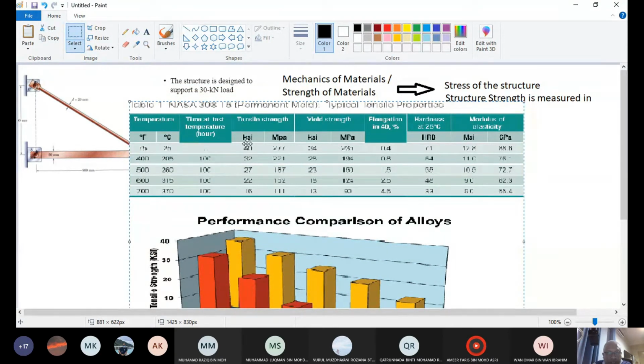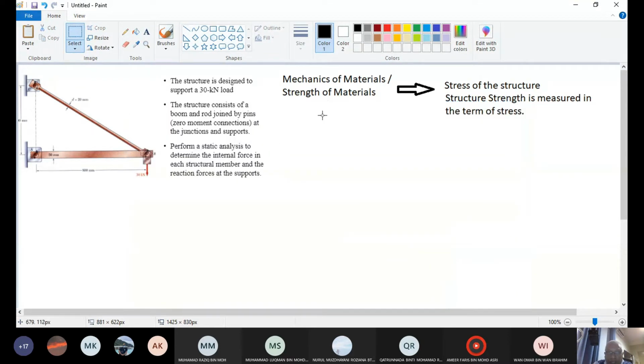The unit here is KSI, megapascal. KSI is kilo pound per square inch. Megapascal is mega Newton per square meter. So what is that? That is stress. How do we get that?